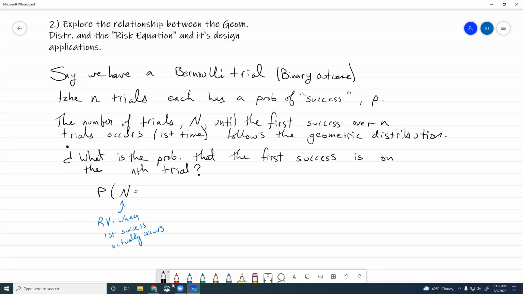Big N is equal to little n, which is a parameter that we prescribe. Which we can write as P big N little n. So this would be the distribution function. And that is simply going to be 1 minus P to the n minus 1 times P.